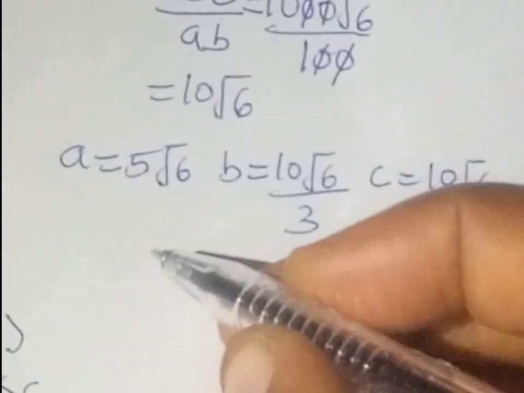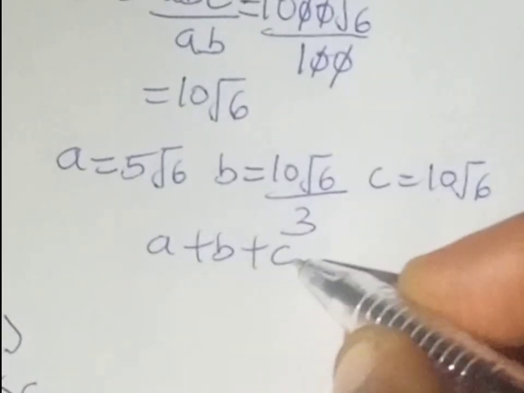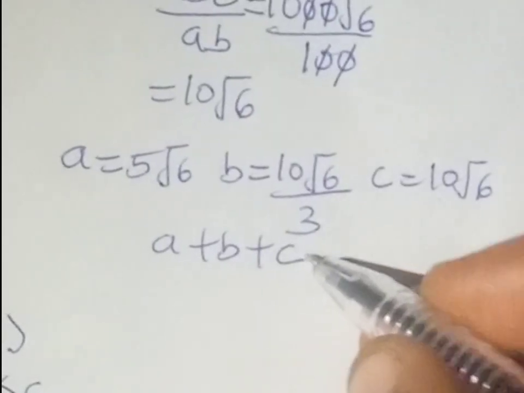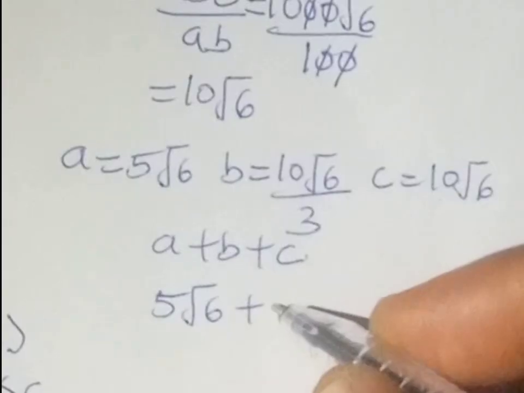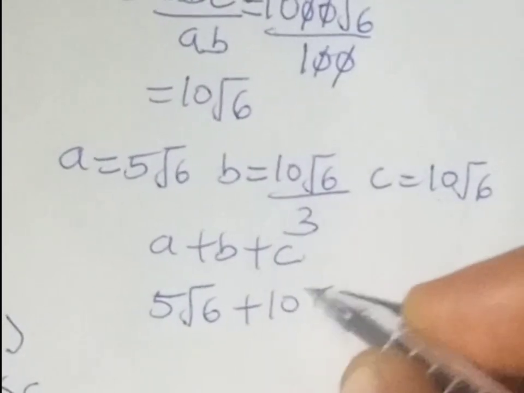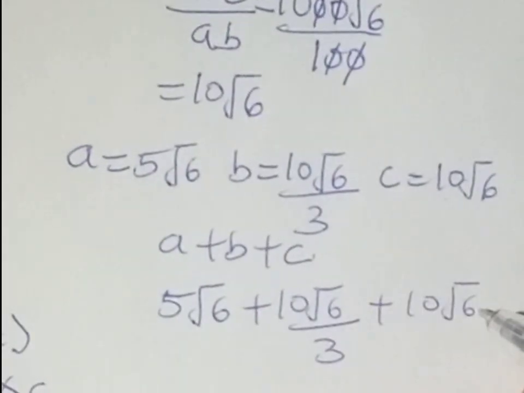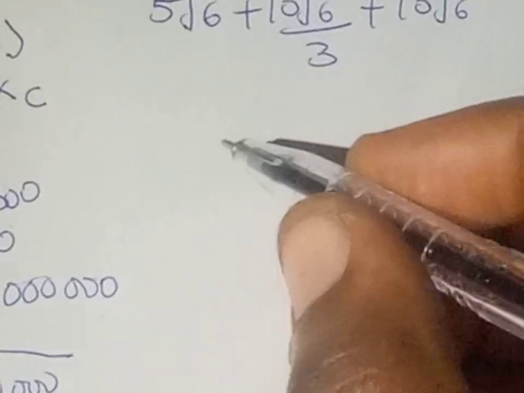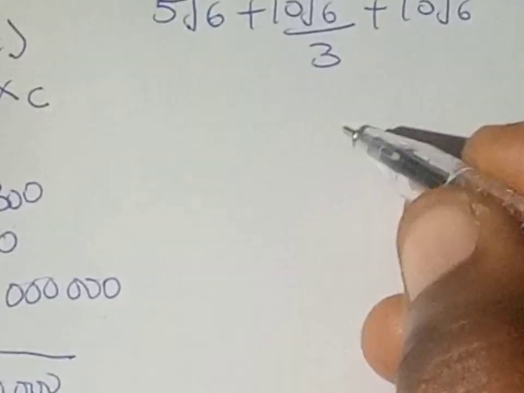Now let's compute them. A plus B plus C. Let's substitute. A is what? 5 root 6. B, 10 root 6 divided by 3, and C, 10 root 6. Let's add our A, B and C together.